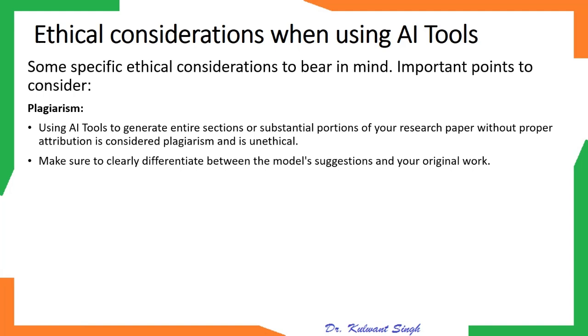And I get a paragraph and I use that paragraph in my paper. So what I will do, I will find the appropriate source for that particular information and I will properly cite that source and I will include that source in my reference list. Then the particular paragraph would not be considered plagiarism and it is ethical.